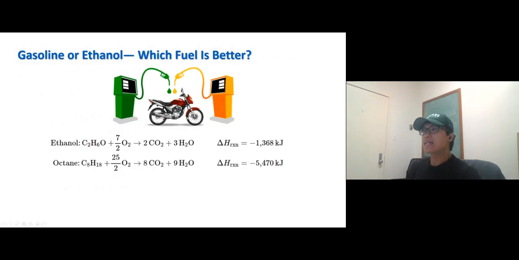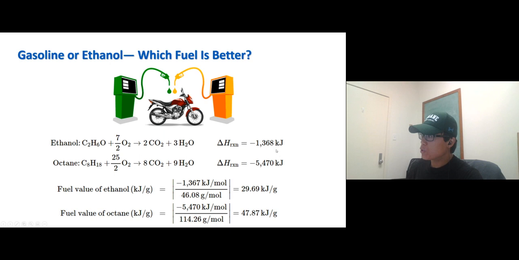Okay. All right. Lastly, let's go back to gasoline and ethanol. We saw that the combustion of ethanol produces less energy than octane, which is the gasoline. We converted this together into kilojoules per mole and kilojoules per gram.